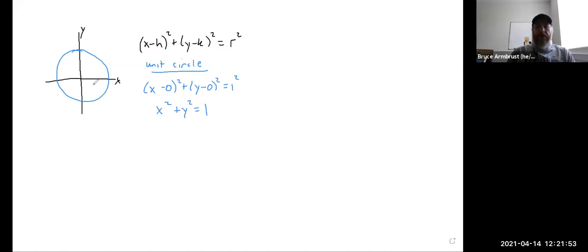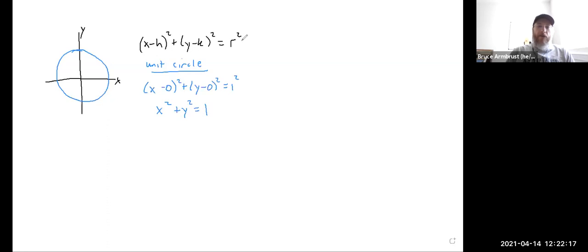So that's the equation of that circle. When you talk about the equation of a graph, we're saying that when you plug in the coordinates of all the points on the graph, they have to satisfy this equation. So you take any point on the unit circle, you square the x, you square the y, you add them together, you're going to get 1.